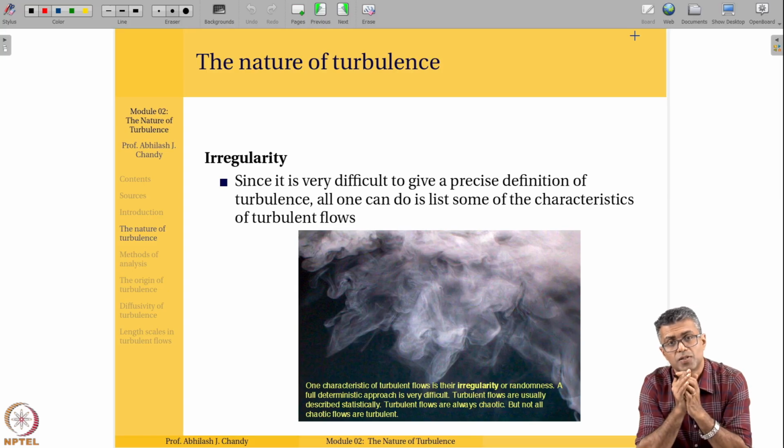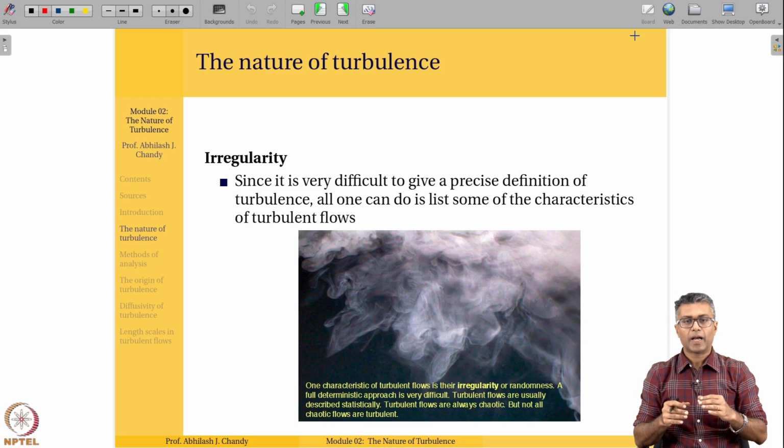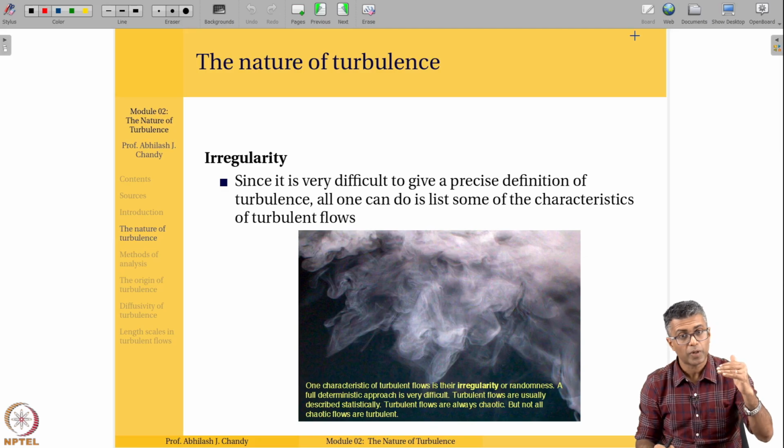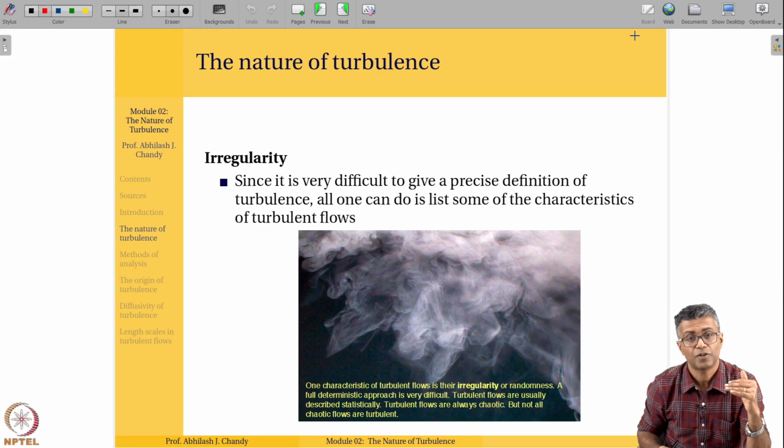So that takes us to the main discussion in this module, which has to do with the nature of turbulence. We spent a lot of time in module 1 discussing how it is difficult to describe and define turbulence. That led us to the end of module 1 where we listed a set of attributes for turbulence.